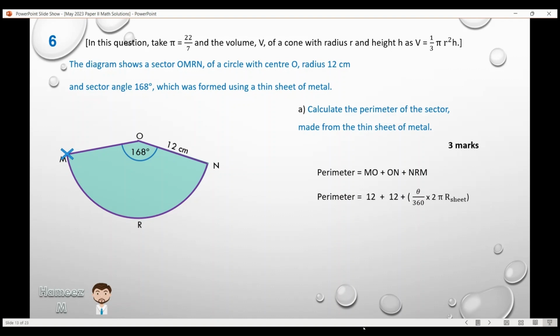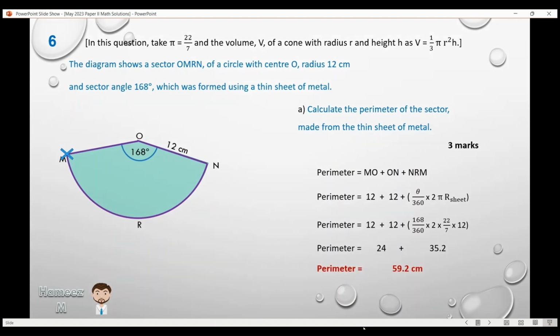So we can substitute. That will be 12 plus 168 over 360, multiplied by 2, multiplied by 22 over 7, multiplied by 12, the radius of the sheet. And that will give us 24 plus 35.2. So our perimeter is 59.2 centimeters.